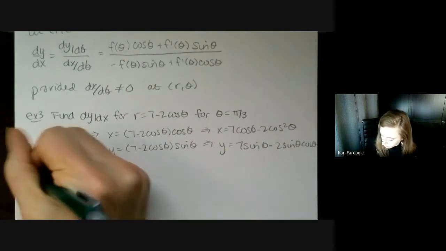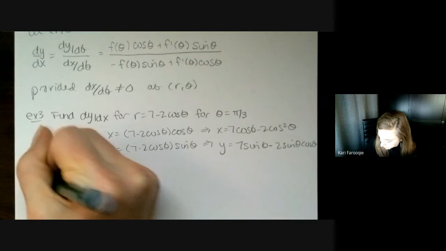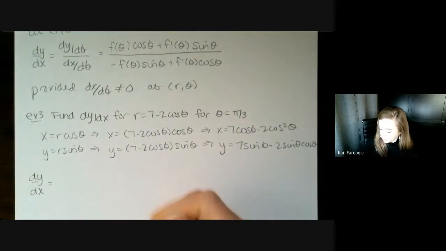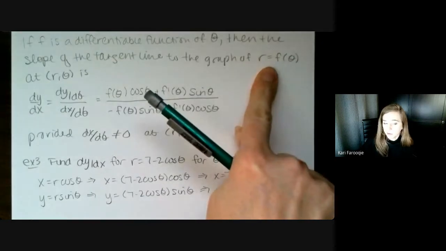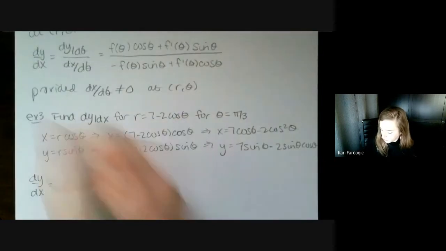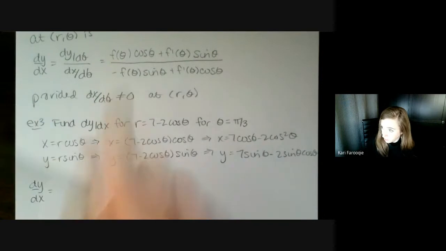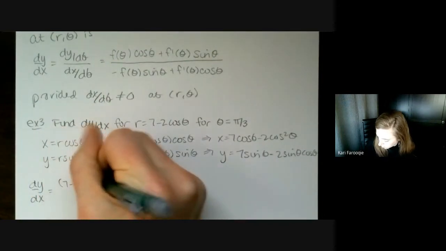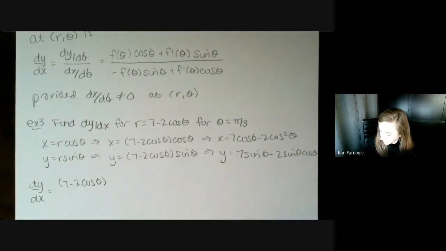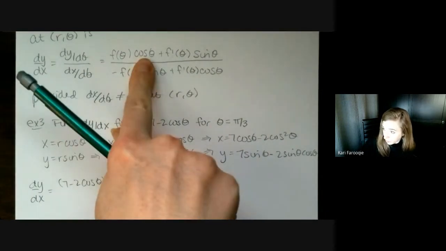Wonderful. So dy dx is f of theta, which is r. So r is f of theta. So we're going to go with that first. 7 minus 2 cosine theta. Multiply that by cosine theta.